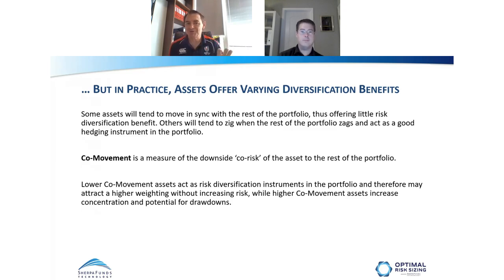You actually don't negatively care about the fact that all the assets go up together. I mean, that's a great thing. What you care about is introducing assets to your portfolio which, when they have something bad happening to them, the rest of the portfolio also has something bad. So we will call this co-movement, and we have our own mathematical definitions and descriptions of this, but it's for a deeper conversation.